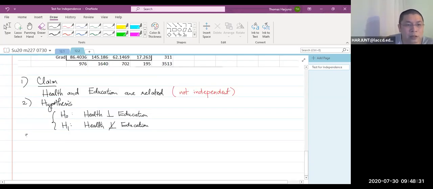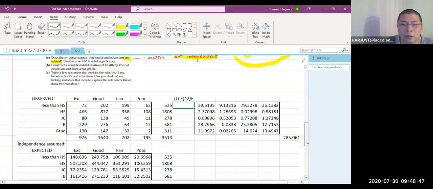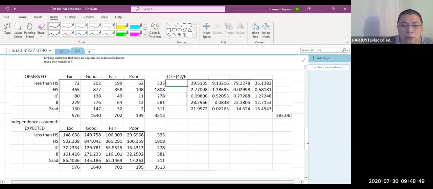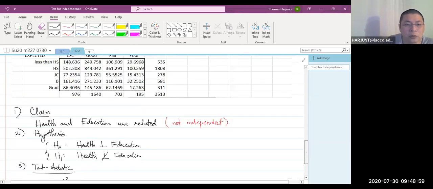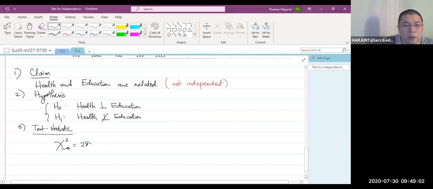Step three, test statistic. The chi-square observed is equal to whatever we have here, 285.061. And then the p-value.